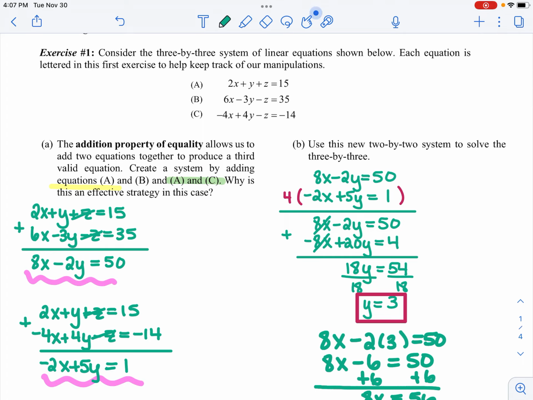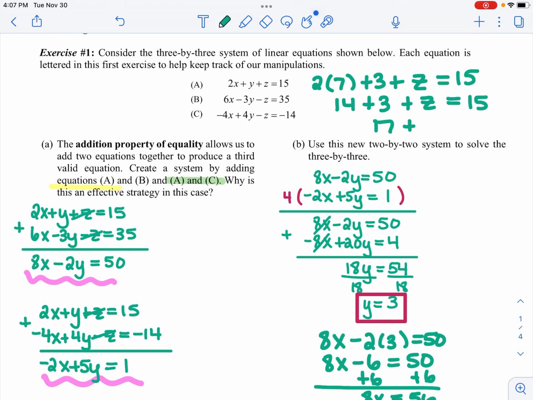So I'm going to use this first equation. So 2 times 7 plus 3 plus the unknown variable of z, that's the only thing I don't know at this point, is equal to 15. So 14 plus 3 plus z equals 15, 17.